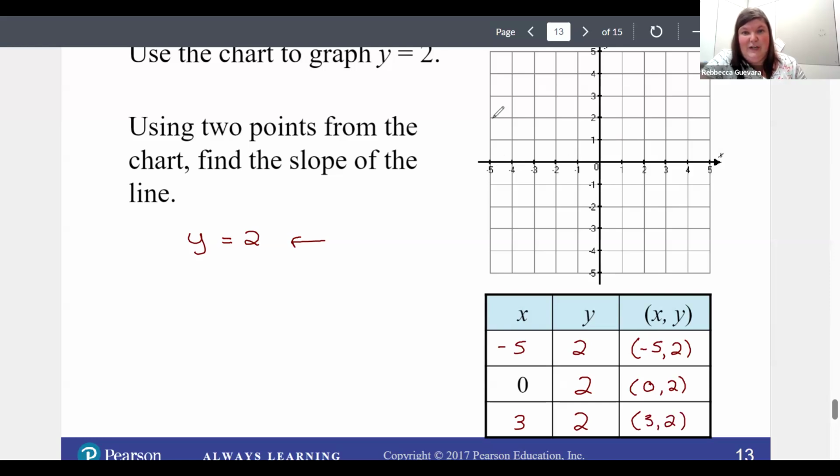So if I have -5, 2 is here. 0, 2 is here, and that's one of my intercepts. In this case, that is your y-intercept. And then we have 3, 2.